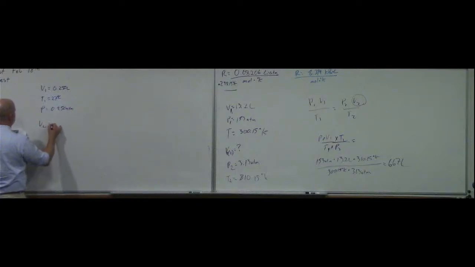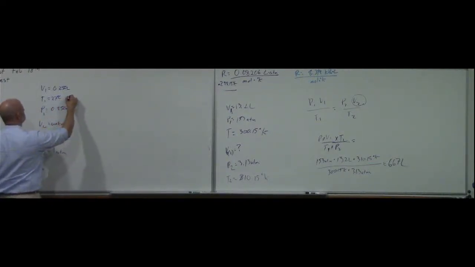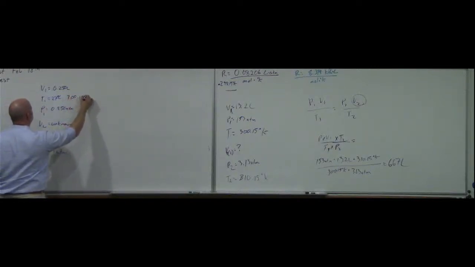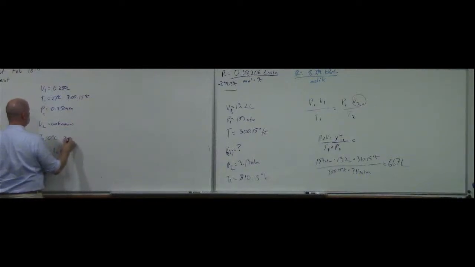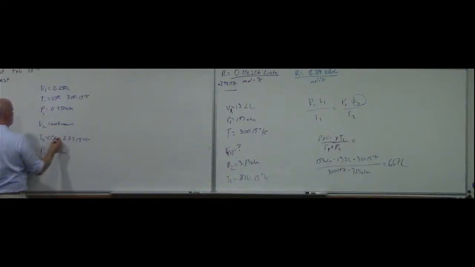V2 is unknown, at 0 degrees centigrade and 1 atmosphere. I'm going to go ahead and convert this. This is going to be 300.15 degrees Kelvin, right? This is 273.15 degrees Kelvin.